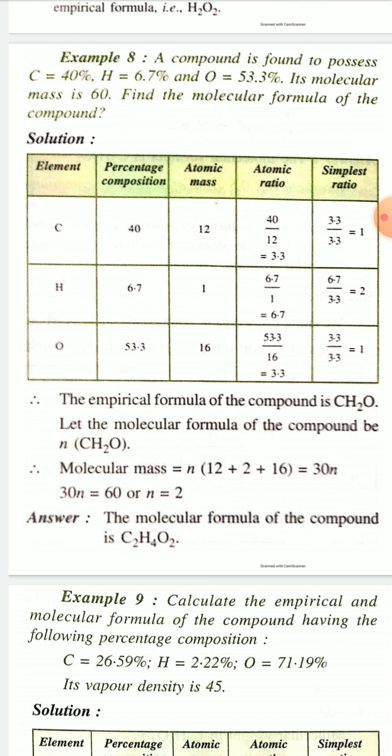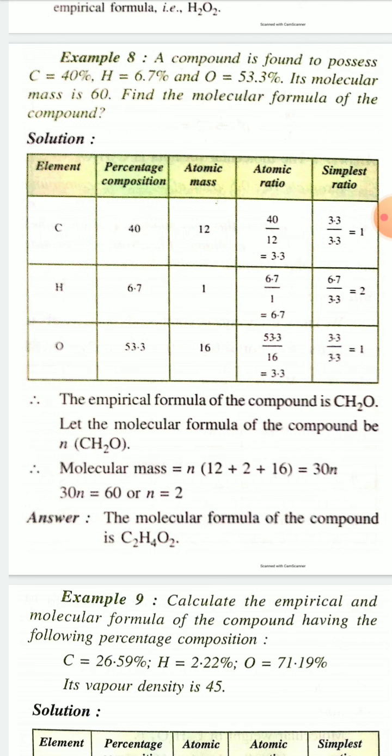In example 8, the question is: a compound is found to possess carbon 40%, hydrogen 6.7%, and oxygen 53.3%, and its molecular mass or molecular weight is given, which is 60. Find the molecular formula of the compound.